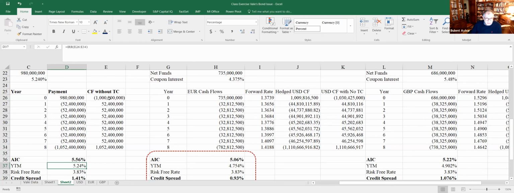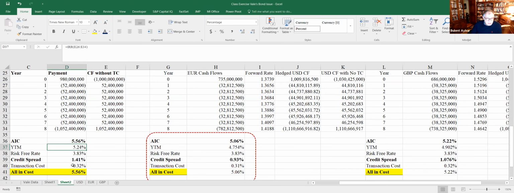So when the investor pays 1 million and receives all of these cash flows, what is the rate of return that the investor earns? The internal rate of return of this stream is the bond's yield to maturity. The difference between the all-in cost and yield to maturity gives us the transaction cost. So that's actually what we calculated here, right? All-in cost minus yield to maturity gives us the transaction cost.